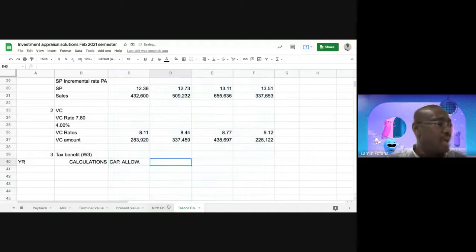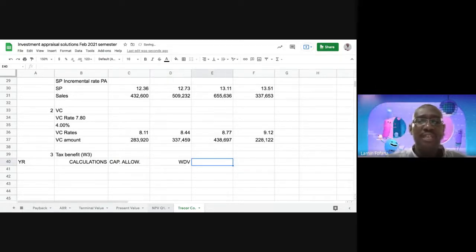After deducting our capital allowance, we'll have our WDV, our written down value. Then we get our tax credit or tax benefit, which will be 30% on our capital allowances.